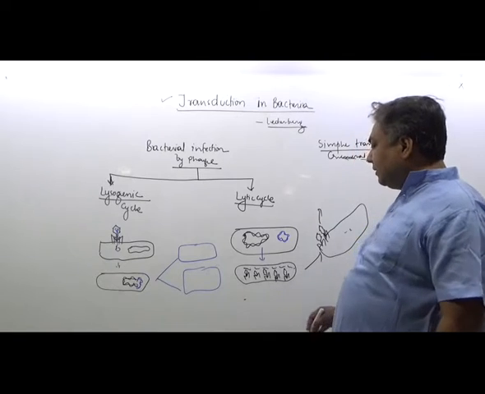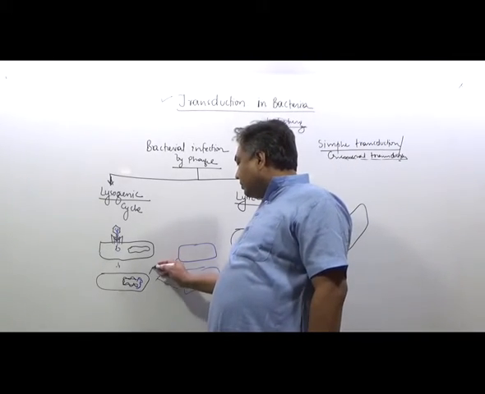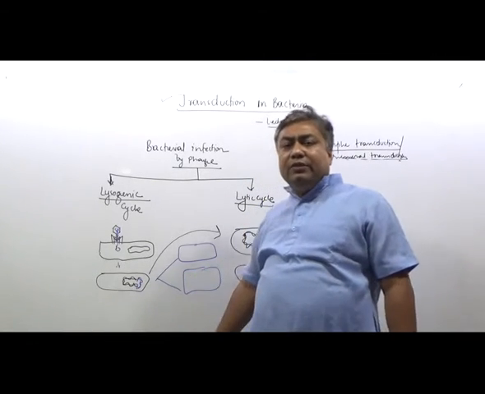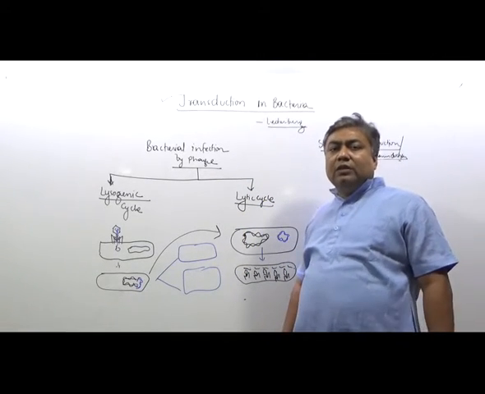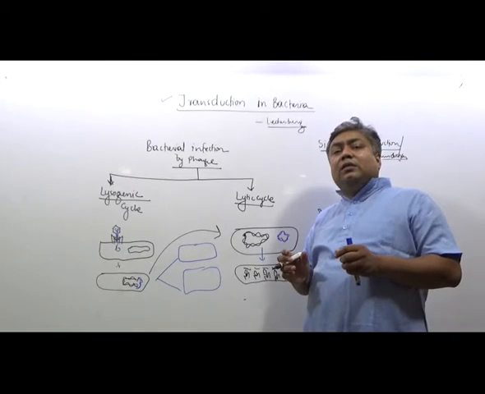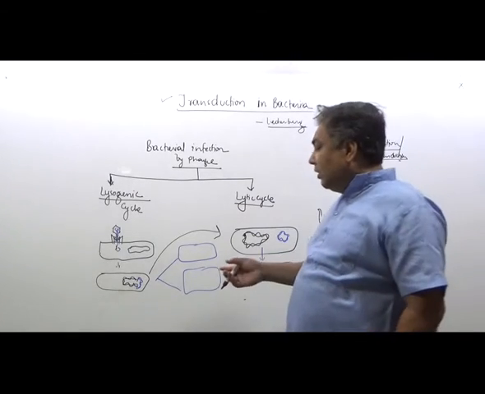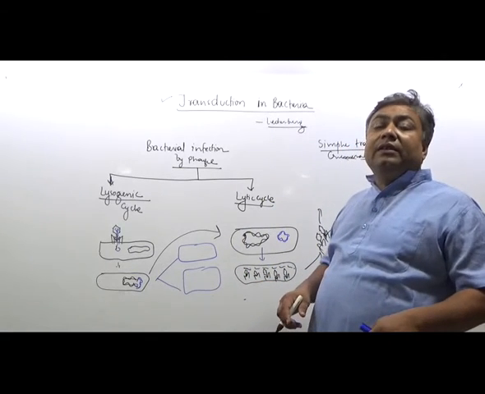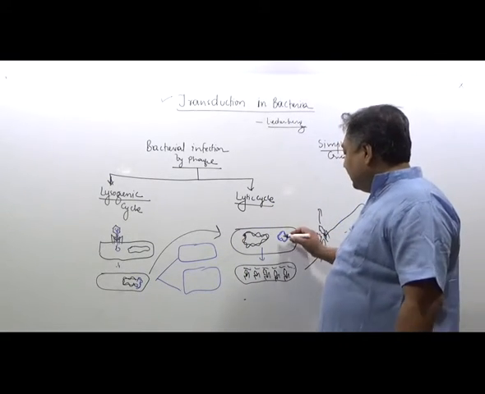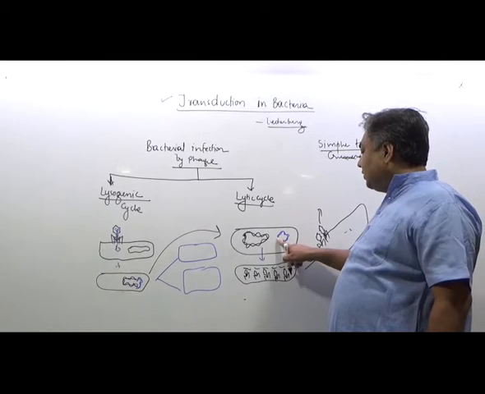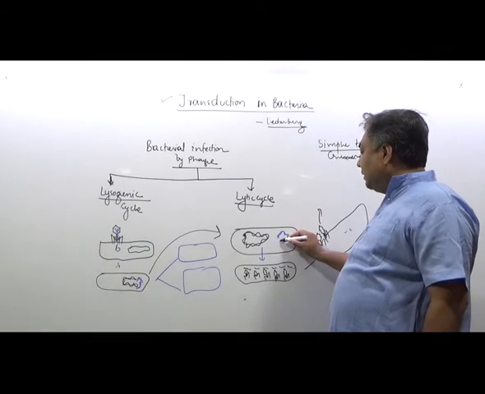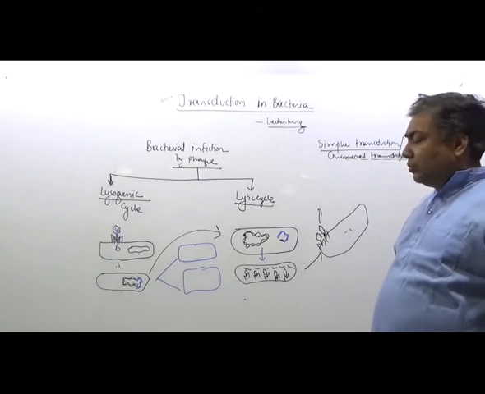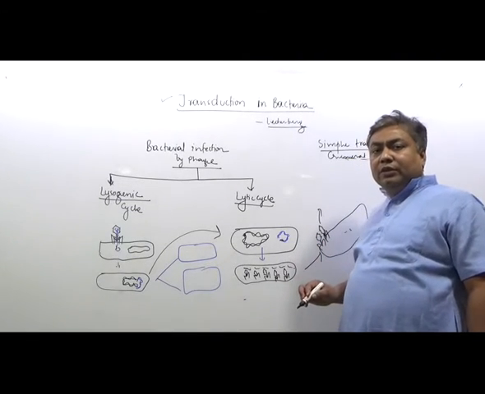But what happens when the phage particle dissociates from the main genome? Some of the DNA length of bacteria also gets detached with the phage DNA. That means this phage DNA may contain some bacterial genome, bacterial DNA.